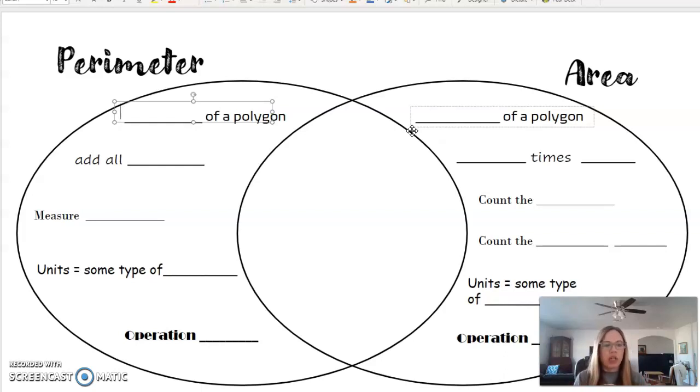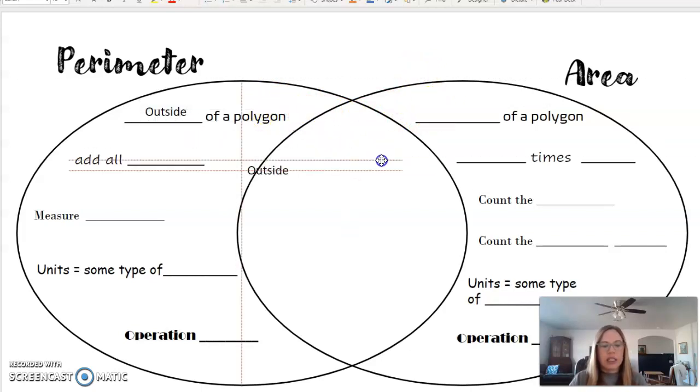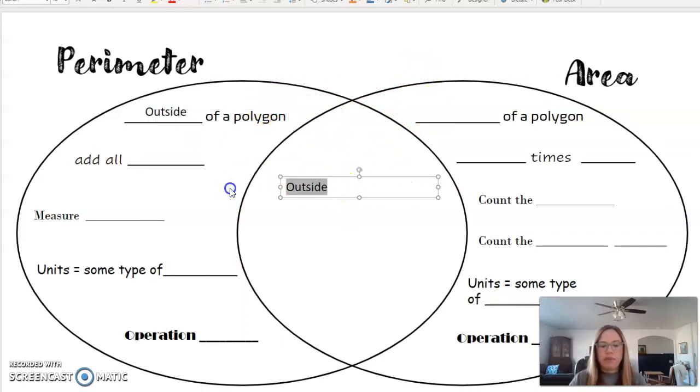So if we are measuring around, what are we measuring? The outside of a shape, a polygon, right? You can actually measure the perimeter of a circle, but it's called something else. It's called the circumference. But that is not fifth grade. That is sixth grade, I believe, maybe seventh grade.